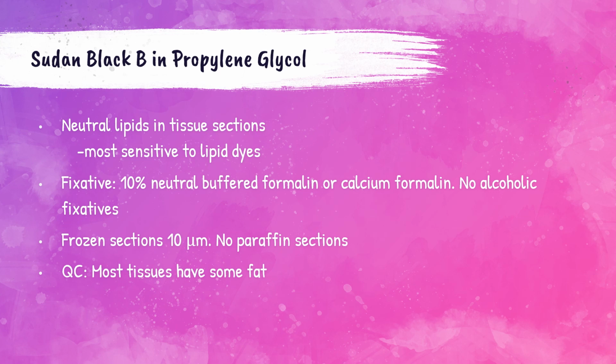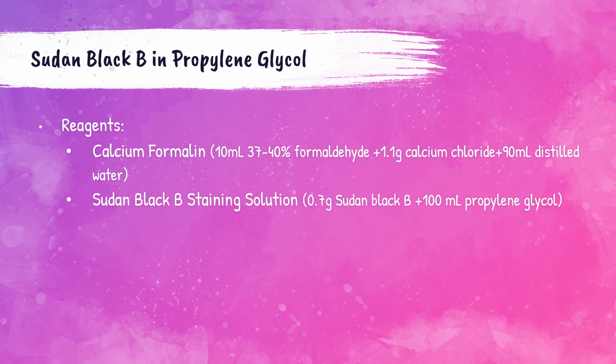Most tissues have some fat present, so no external control tissue is indicated for this staining method. The reagents needed for the Sudan black B and propylene glycol method are calcium formalin and Sudan black B staining solution. And of course, you can read on this slide here how to prepare these reagents.